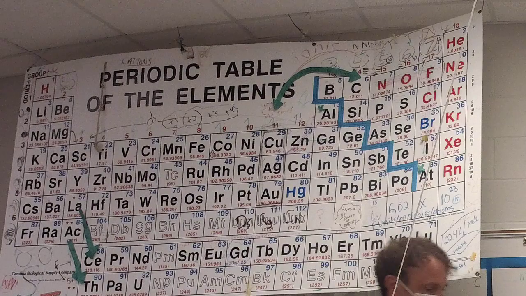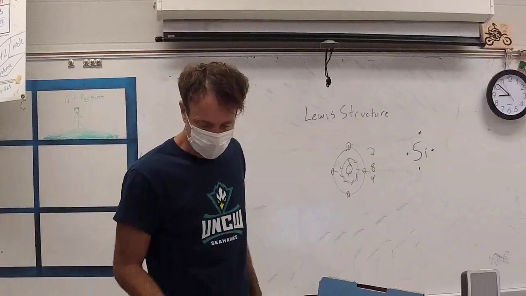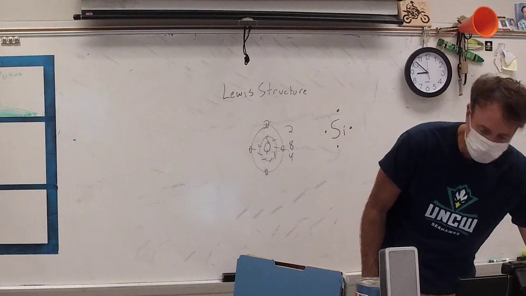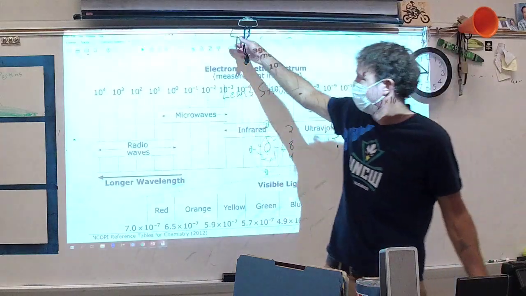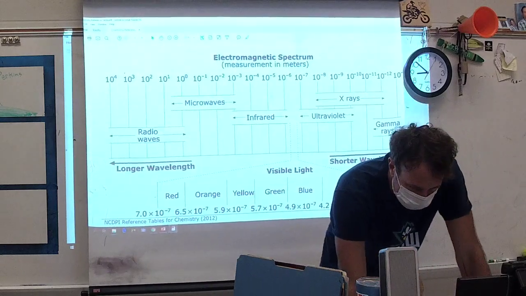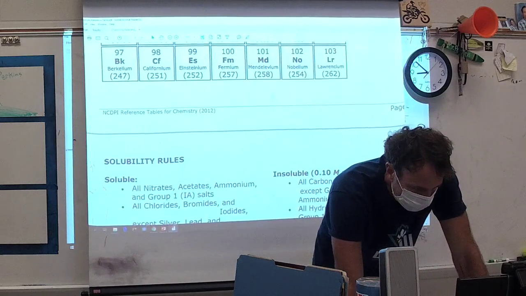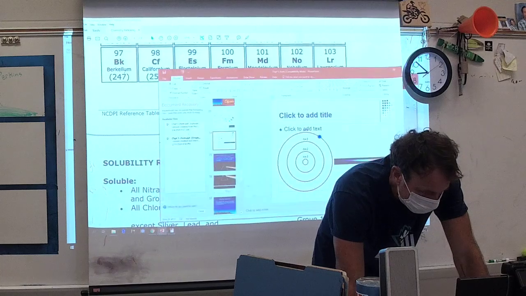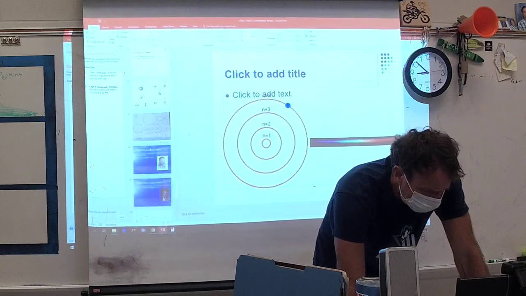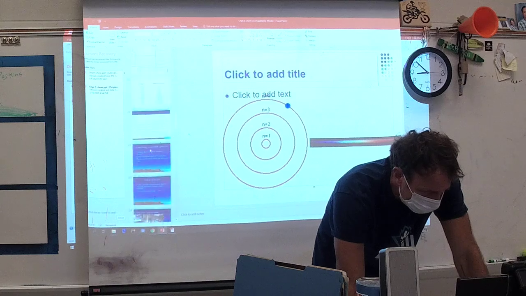All right, cool. Last thing, I want to talk to you about the trend in sizes for the periodic table, all right? If we are looking at the size of atoms on the periodic table, we would take a look at this graph, or just understand this graph that was created by Linus Pauling, all right?